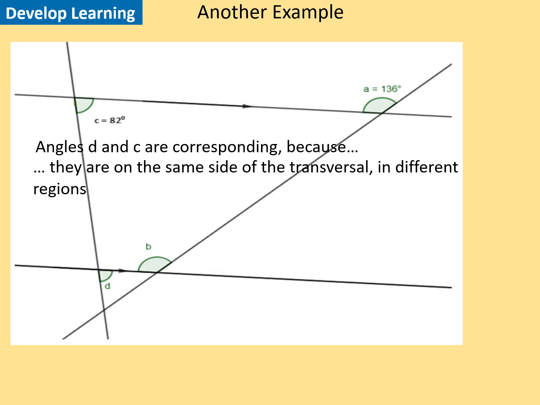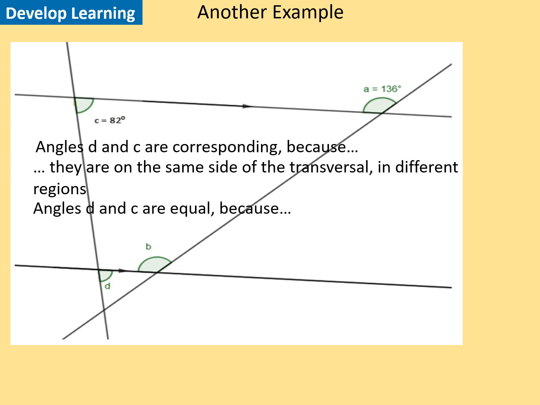So like we would in class, we would draw an F shape and we can see that C is in the interior region, D is in the exterior region, and they're both on the right side of the transversal. So therefore we can definitely say that they are corresponding angles.